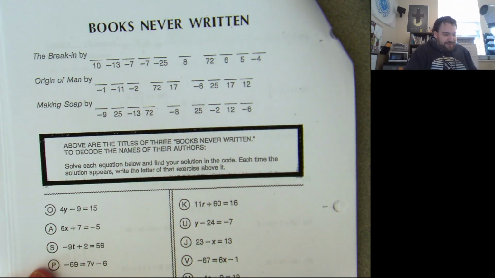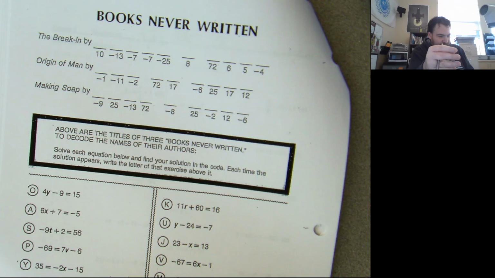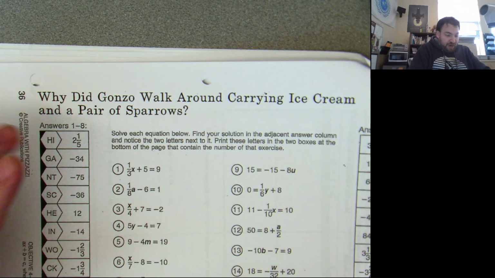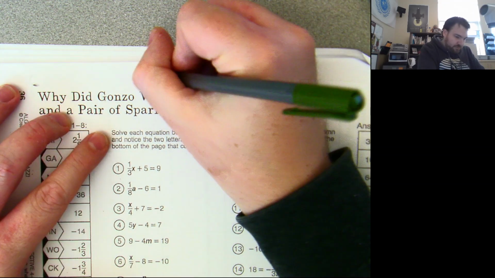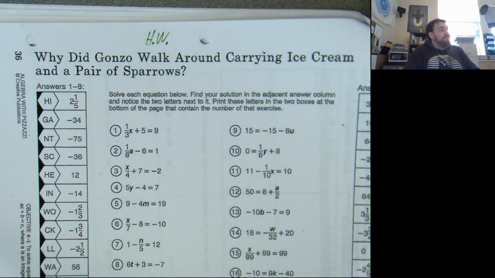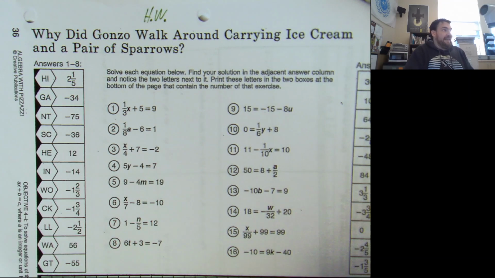I would like you to do, oh, see, I really want you to do both of them. I am going to say I want you all to do the Gonzo page. The books that were never written, the previous one, is optional extra practice if you'd like to do it. This is the harder of the 2 pages, so this is the one I'd like you to play with.